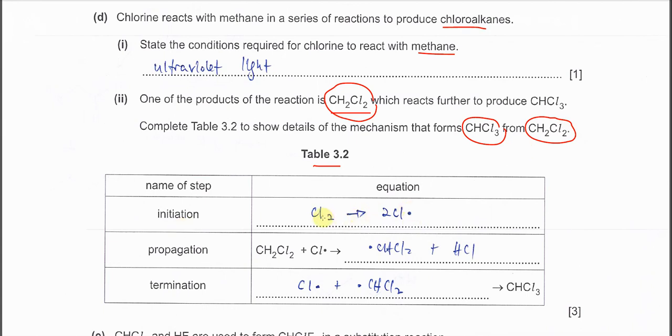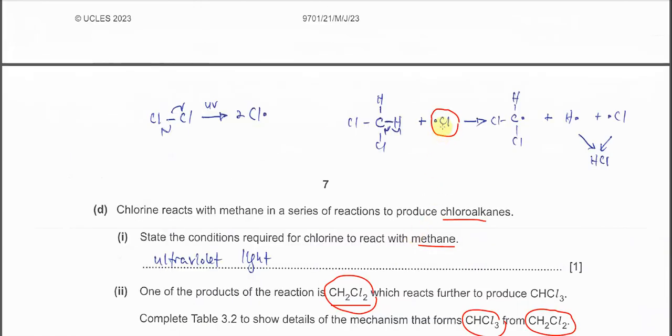Chlorine molecules undergo homolytic fission, forming two chlorine radicals. Remember, put a dot beside the chlorine. Okay, propagation. The chlorine radical will approach this CH2Cl2 just like this. One of the CH bonds will break homolytically.